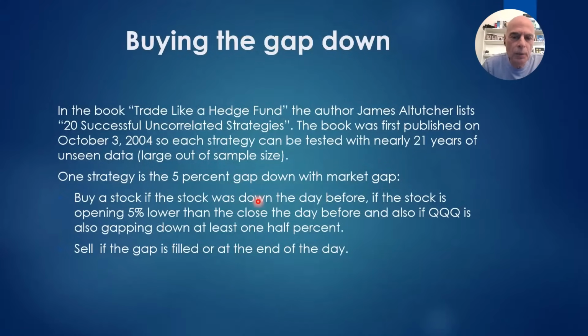But in addition to that, the QQQ is also gapping down at least a half percent. And the method for exiting this particular trade is to liquidate the position if the gap is filled, or at the end of the day, whichever comes first.